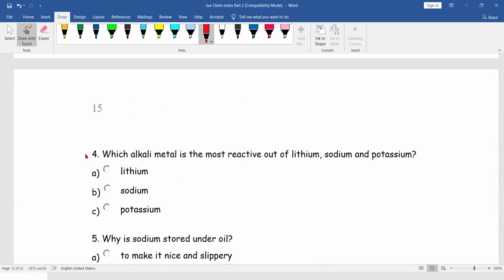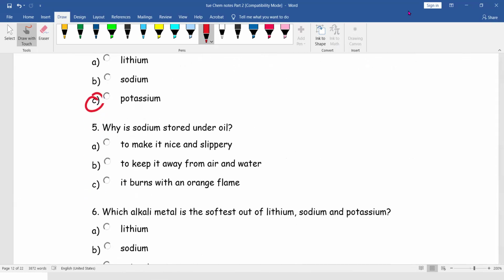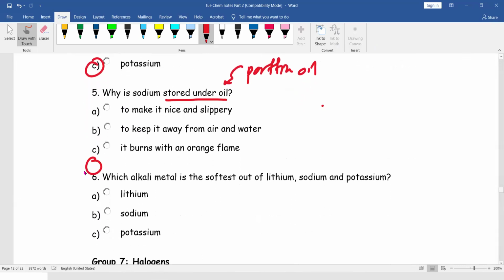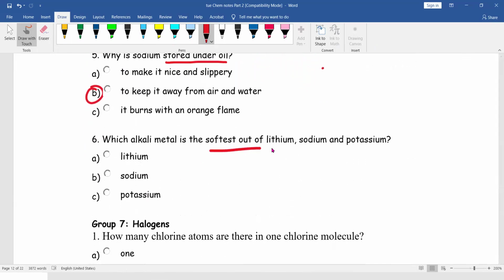Which alkali metal is the most reactive? Potassium. Why is sodium stored under oil? The oil is called paraffin oil, to keep it away from air. Which alkali metal is the softest out of potassium, sodium and lithium?